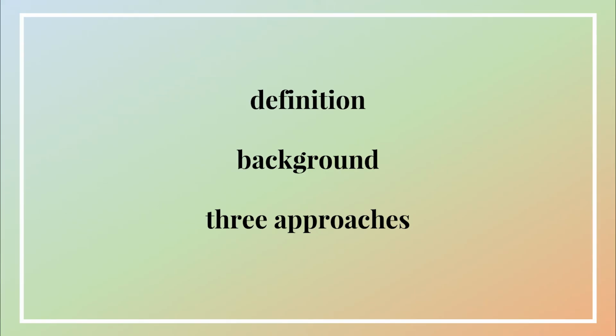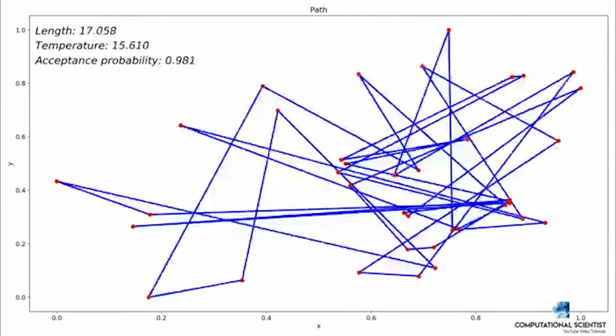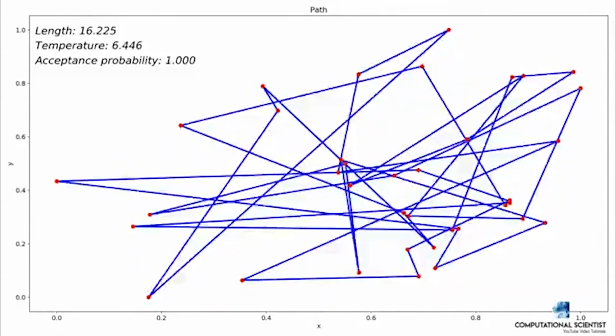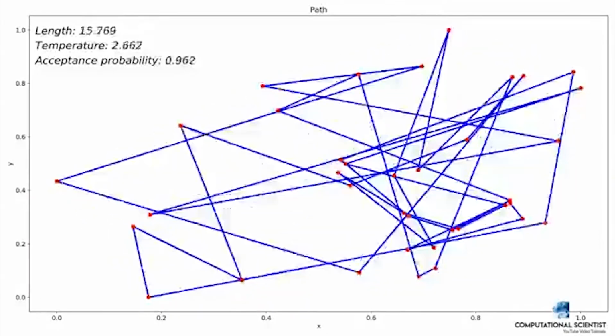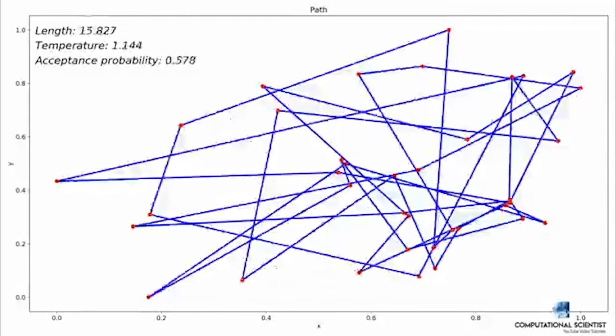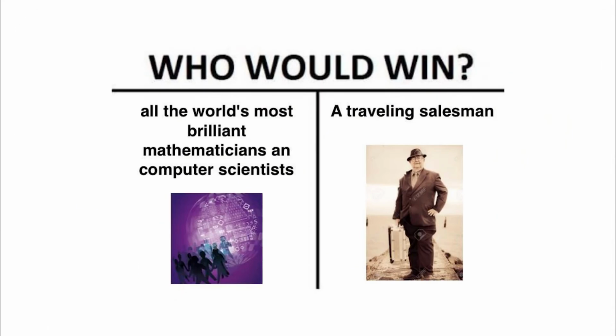So there you have it, the definition of dynamic programming, a brief history of where the theory came from, and a discussion of the three approaches to the technique. And dynamic programming is just that, a technique. It's not a silver bullet for solving any complex problem. In fact, the traveling salesman problem has never been entirely and thoroughly solved.